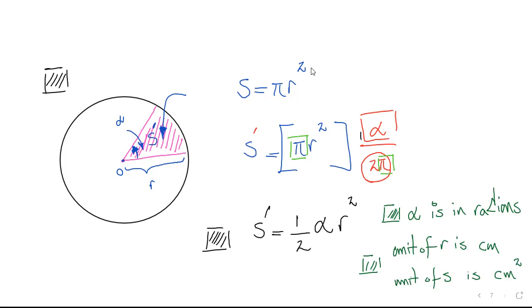Now, as an example to finish the day today, I say if alpha is 15 degrees and R is, let's say, 1 centimeter. What is the section of the cake that you're going to cut and take out using the formula that we developed here?